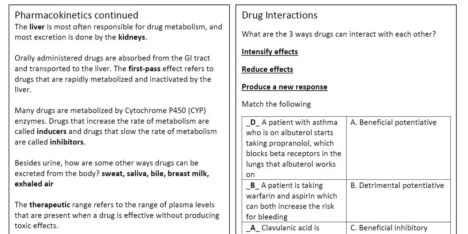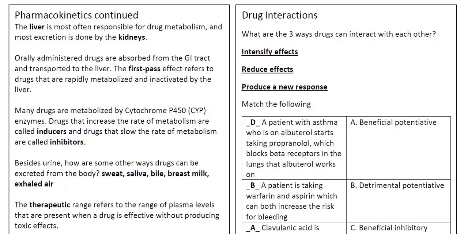Some medications are rapidly metabolized by the liver and can undergo what is known as the first-pass effect. Drugs that are rapidly metabolized can be inactivated and then have no therapeutic effect. To bypass the first-pass effect, medications are often administered parenterally so that they are not transported to the liver.